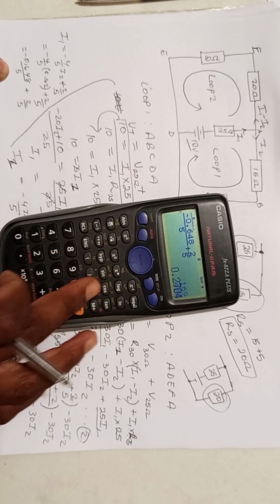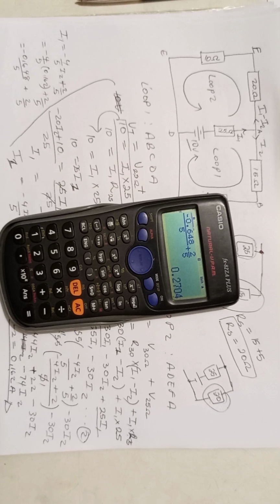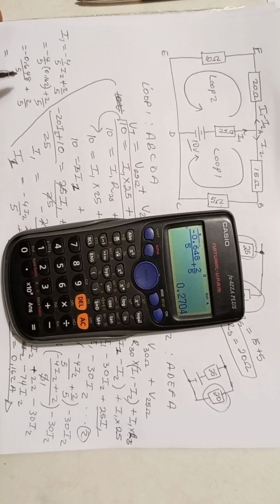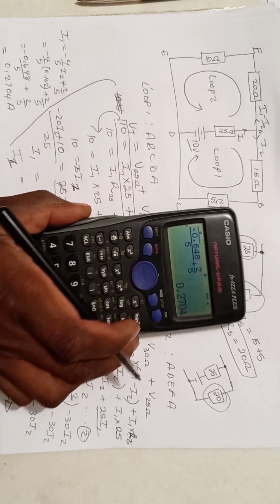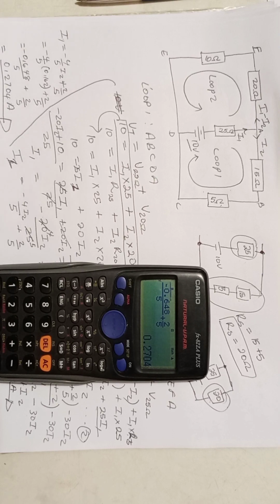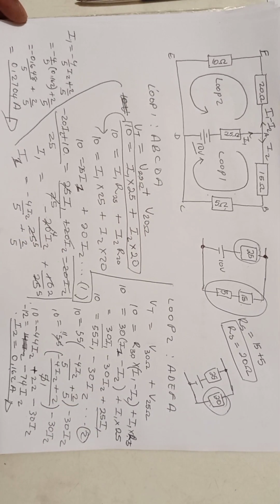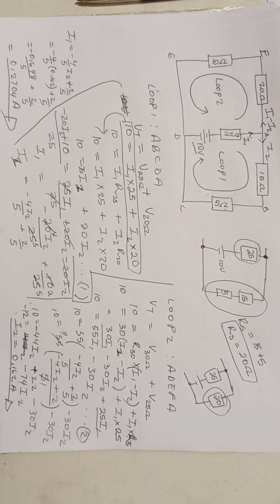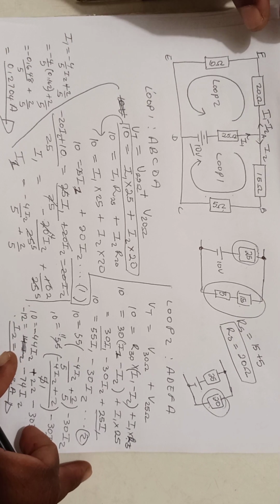You get the answer. The answer is not negative, it is positive. So our answer is 0,2704. If you want to, you just write it out. They will tell you how you should round off. So that is our I1. So we did get I1 and we did get I2. So we did good.